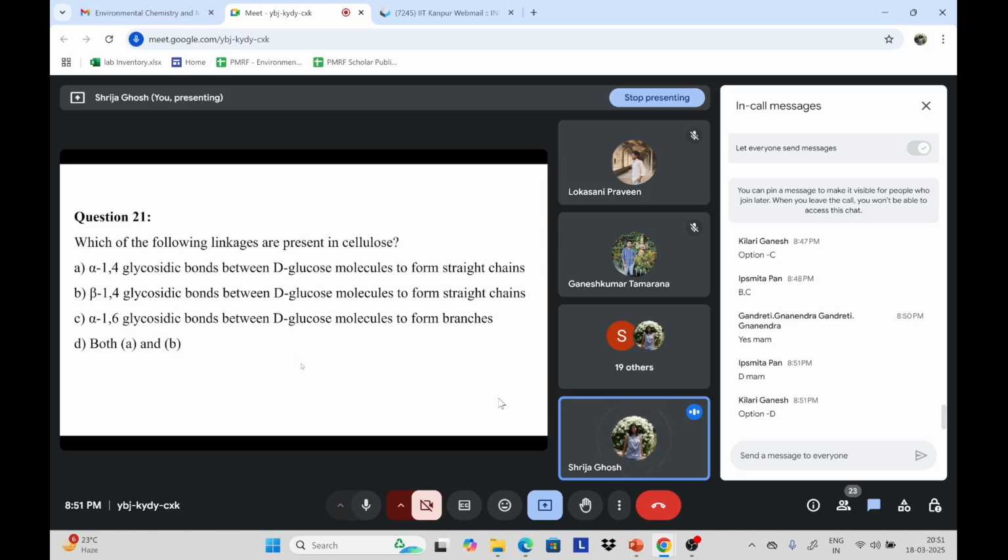We have option D, two people have answered option D. What about others? Option D is both A and B. Anyone else?